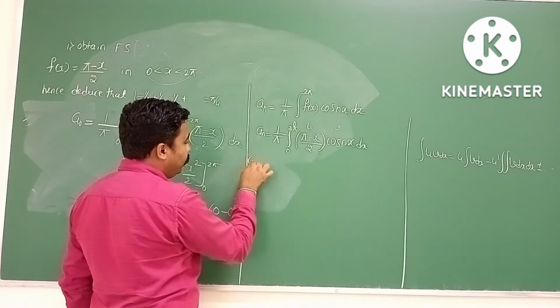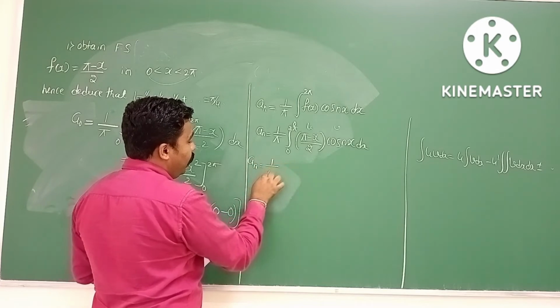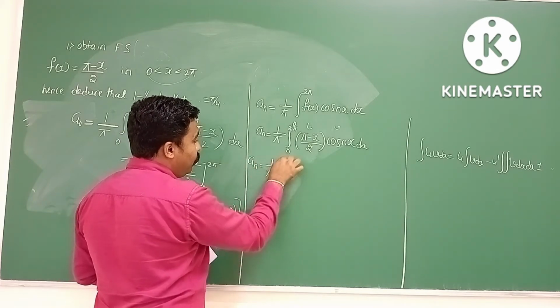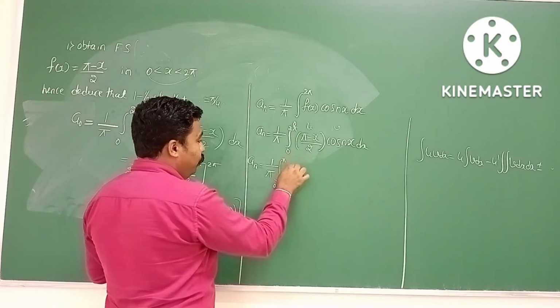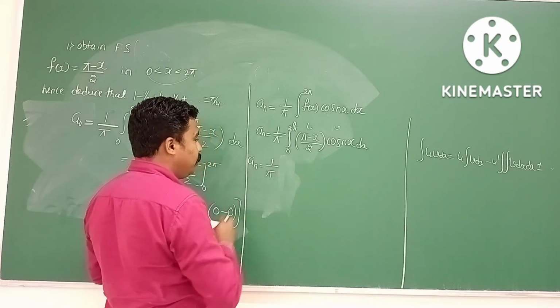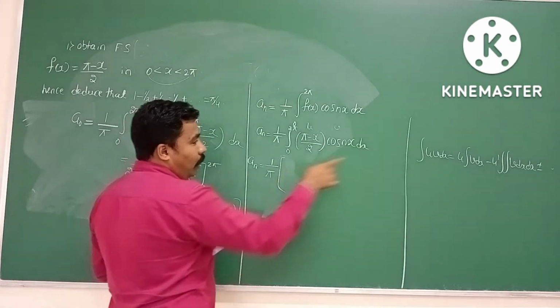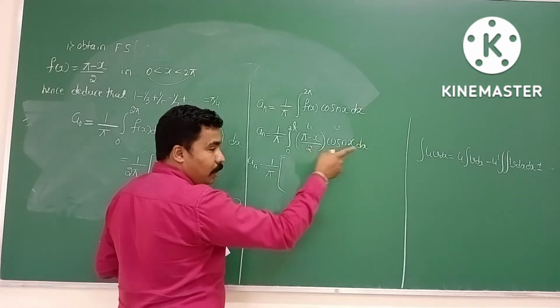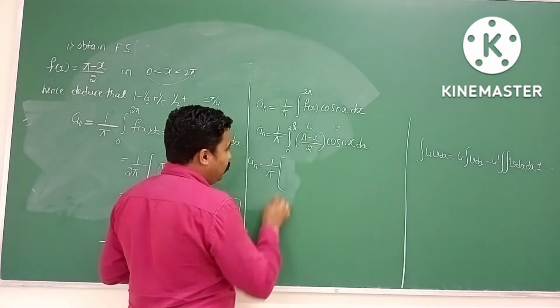So what happens? an equals 1 by pi integral 0 to 2 pi. This is u. First term I will integrate, so I will remove this integration sign. I am applying that formula, Bernoulli's rule or general integration by parts.